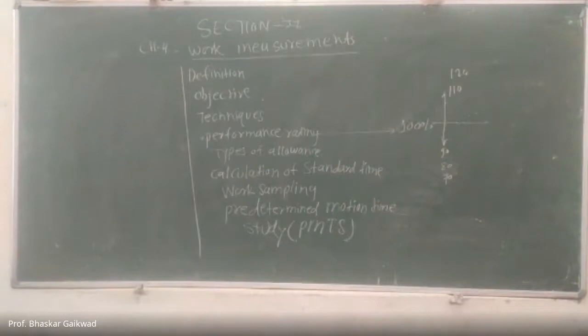In every industry, different types of jobs are there. Maybe bearing industry, crankshaft industry, then casting industry, then shaft manufacturing industry, press tool industry. So many industries are there. There is a certain time required to manufacture a product.